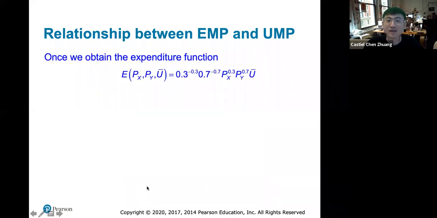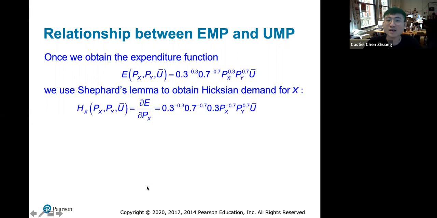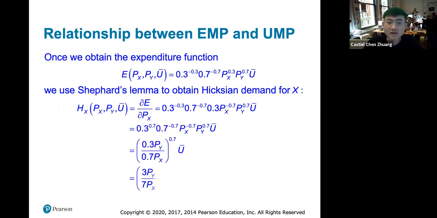And the final step is to get the Hicksian demand function for good X or good Y. Let's talk about the Hicksian demand for good X. It's equal to the partial derivative of the expenditure function with respect to the price of X, and then just use the power rule, take down 0.3.